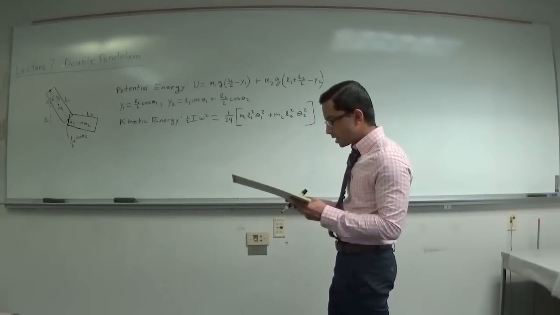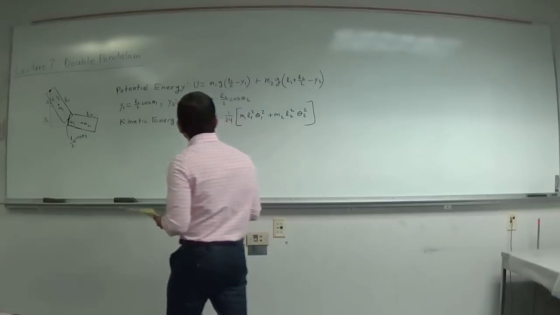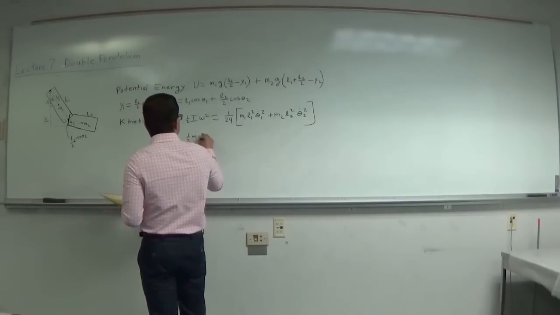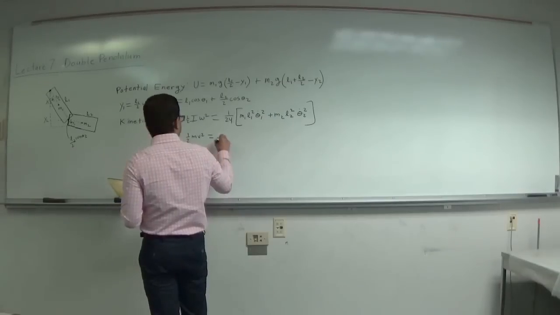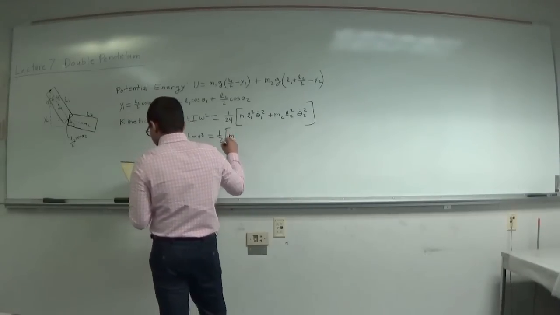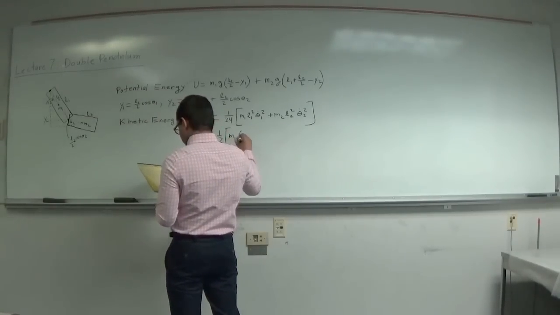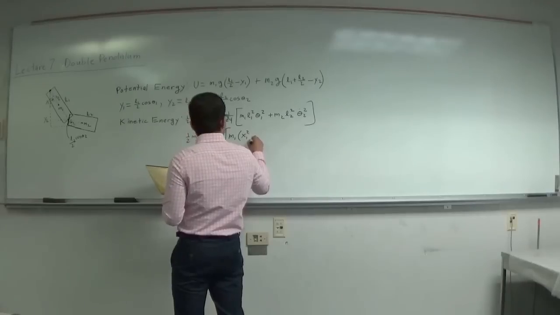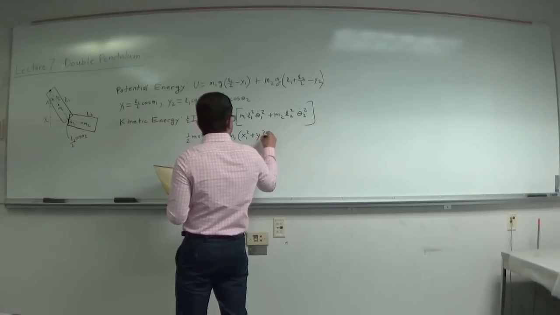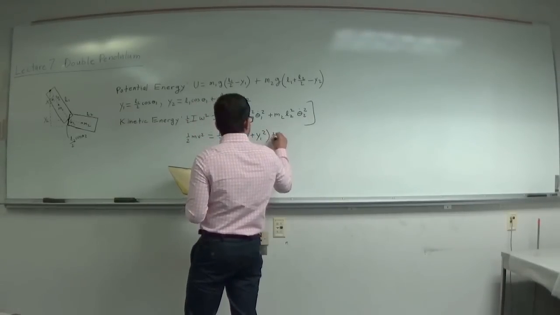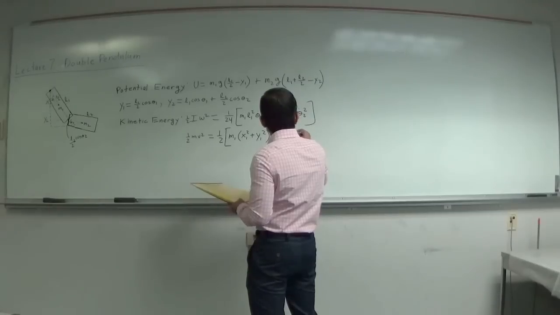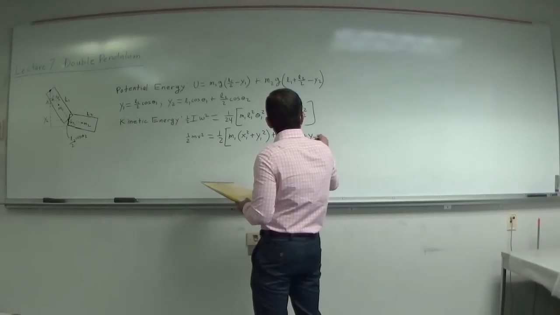And then for translational kinetic energy, we just have this. 1/2 mv squared is going to equal just 1/2 times m1 times x1 dot squared plus y1 dot squared plus m2 times x2 dot squared plus y2 dot squared.